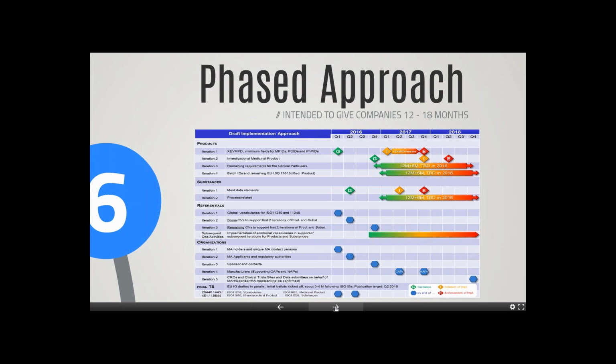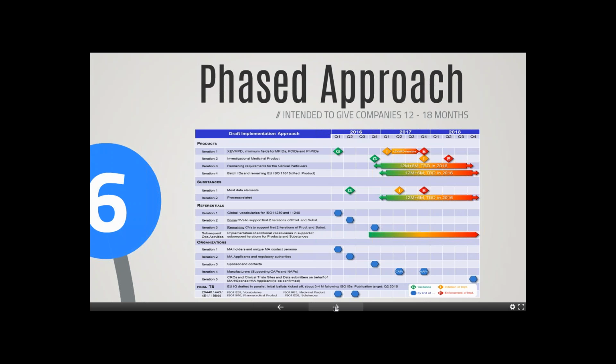So during that time, EMA will provide controlled vocabularies that are to be used for the first iterations and the following iterations also, depending on the iteration, and will also request some data about the marketing authorization holders and later also marketing authorization applicants and regulatory authorities. So that will happen in 2016 basically.